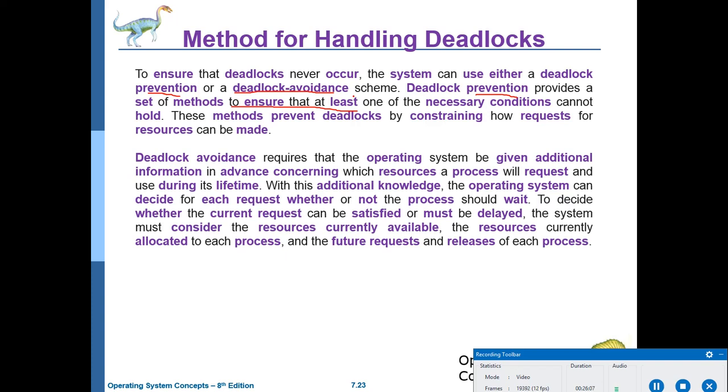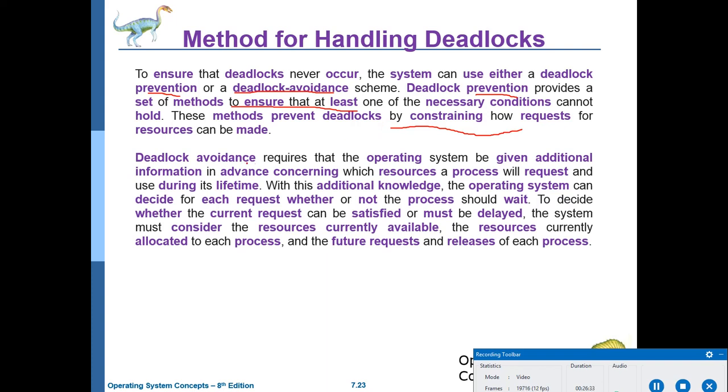If any one of these conditions is made false, deadlock will never happen. So deadlock prevention means we have certain techniques, certain methods, and we ensure that one of these conditions cannot hold. So these methods prevent the deadlock by constraining how requests for the resources are made.